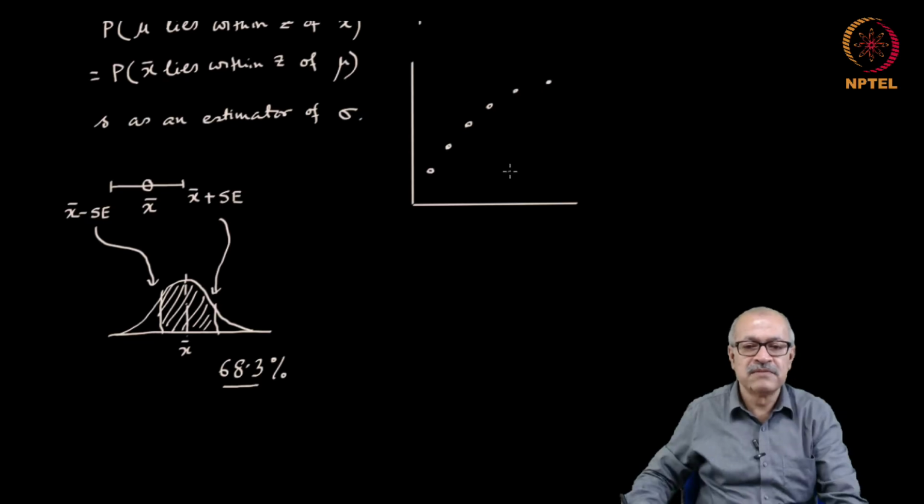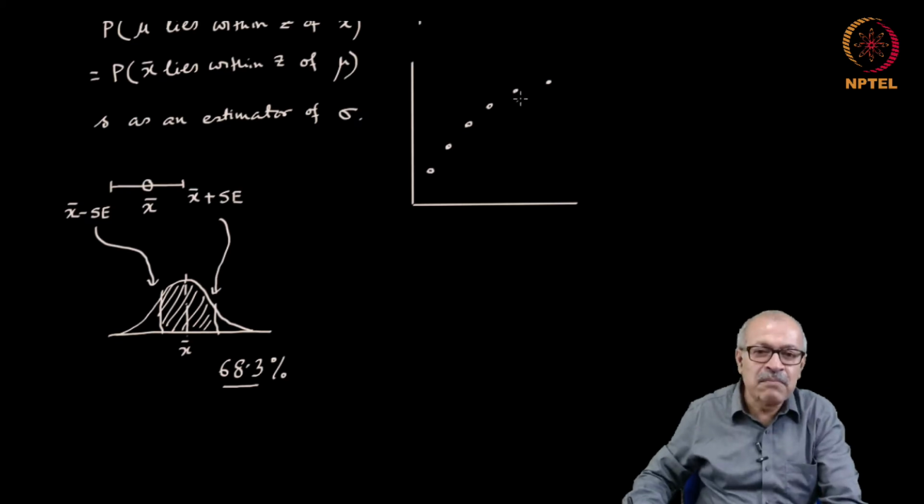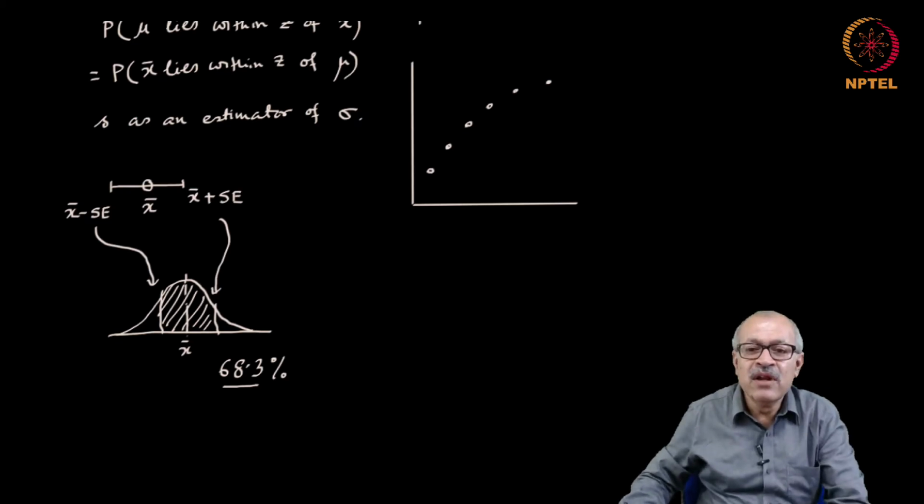So, these are the data points, and if you add the error bars, you normally put the extremities like this.